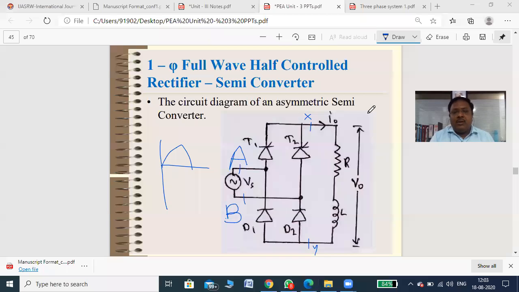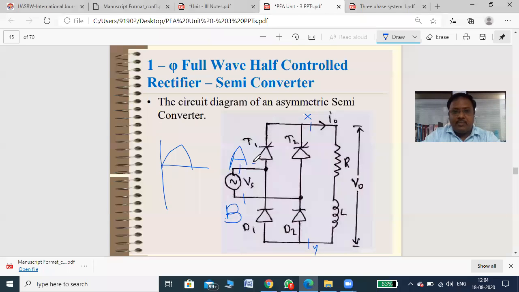Okay, sir. In the given diagram, we have a source Vs, four thyristors, and one RL load. The source provides a sine wave, which consists of two parts, positive and negative. Let's go for the positive one first.